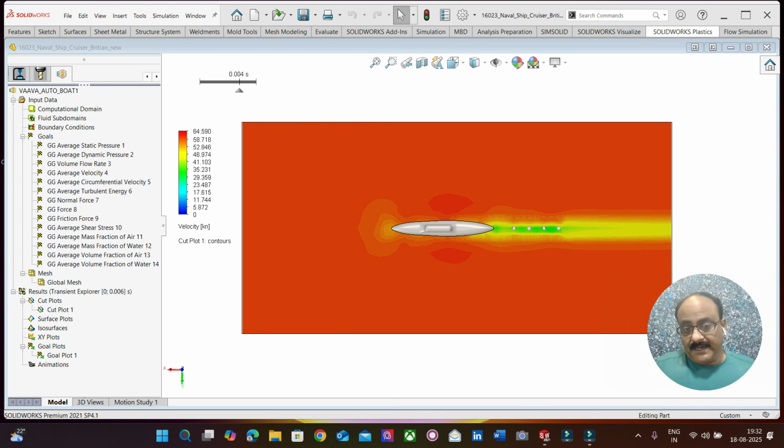And apart from that, we also have designed a specific system, which is going to be like a bluff body. A bluff body is nothing but a body that is going to hinder the path of the waves. So there are going to be certain waves generated when the submarine moves in streamline motion.